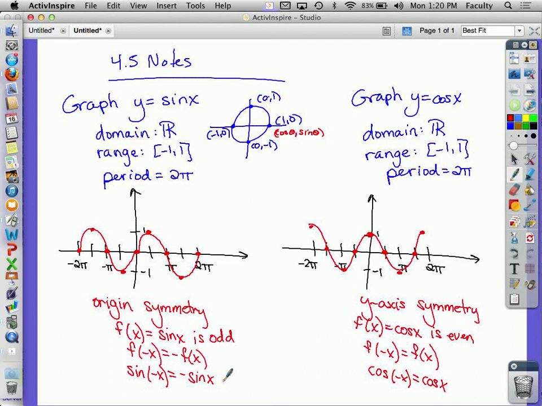Yeah, if you look at it, it depends on which way you want to look at it: you could take the cosine graph and shift it to the right pi over 2 to produce sine, or you could take the sine graph and move it back pi over 2, depending on which one you start with. All right, so is this coming back to you, like you remember this from last year? All right, good.